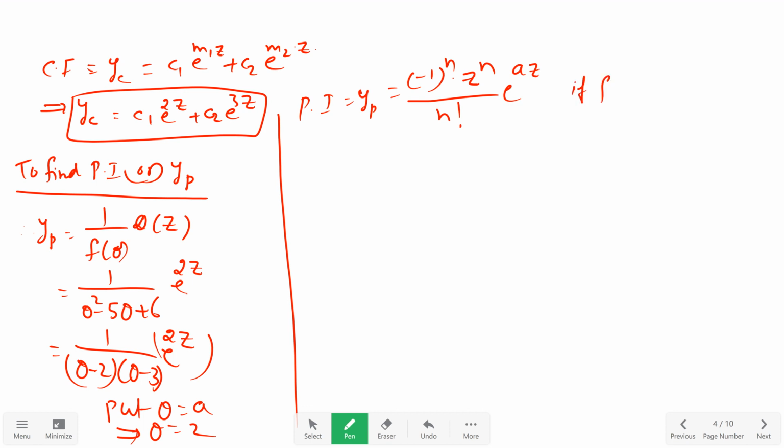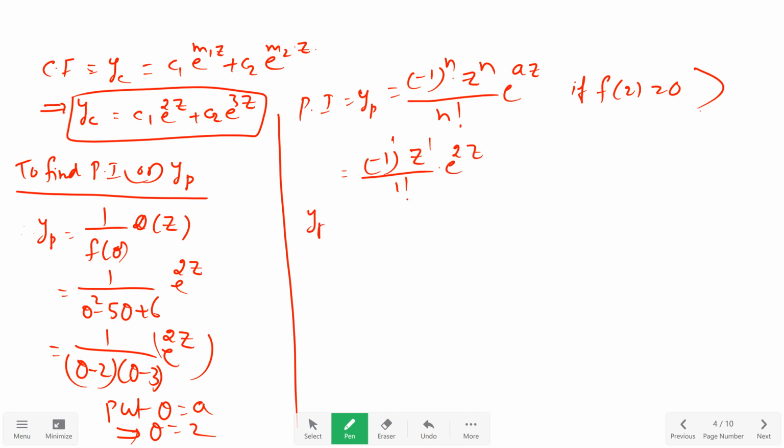If f of 2 is equal to 0, then n is the power of the factor theta minus 2. So that is minus 1 whole power n, with n equal to 1. N means the degree of theta minus 2 is equal to 1. So that is z power 1 by 1 factorial into e to the power of 2z.